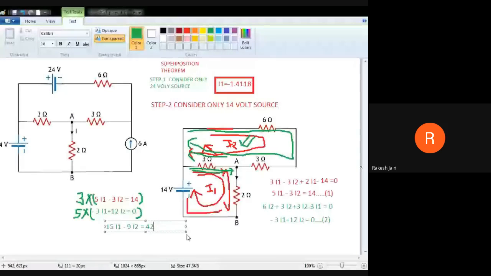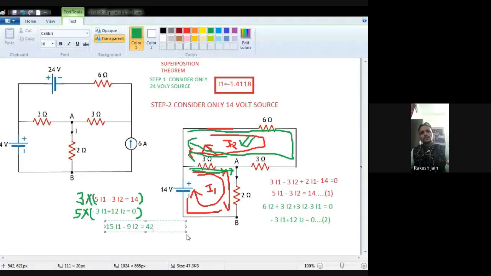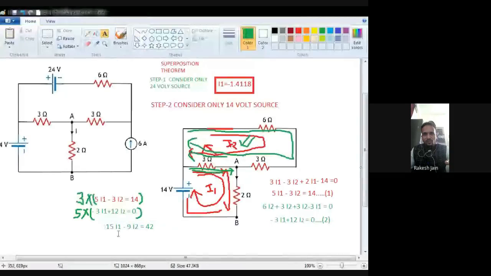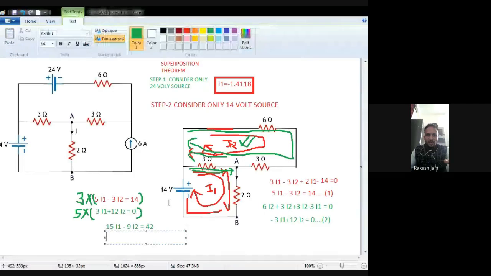Because I am writing the equation for the second mesh, my current is I2, written with positive sign, so plus 6I2. Then here there is no element, so no need to write. Now the 3 ohm resistance is there, and only I2 passes through it, so plus 3I2.